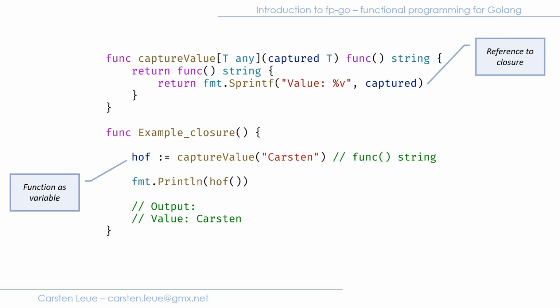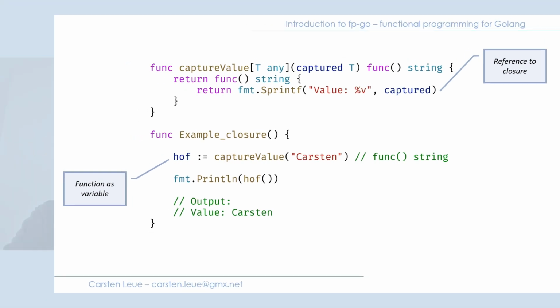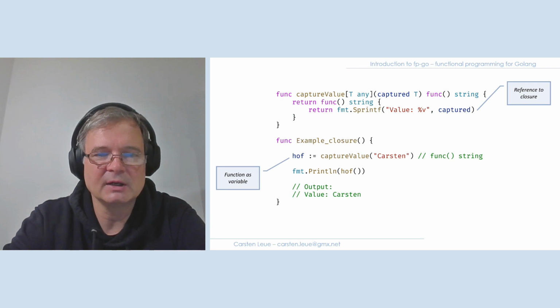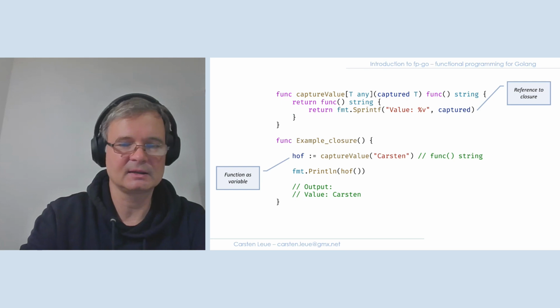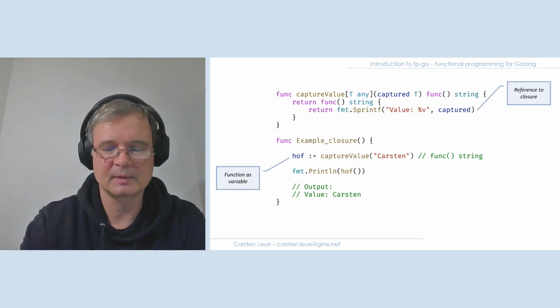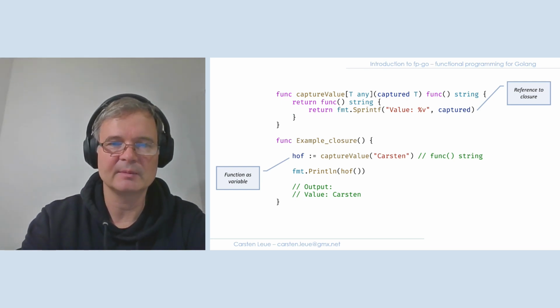The Go compiler is smart enough to detect the return type automatically, so you do not have to put type constraints or type information on this HOF function. That's automatic. In the next line, in the print line, we actually call that function and print out what we expect to have captured, that input parameter.